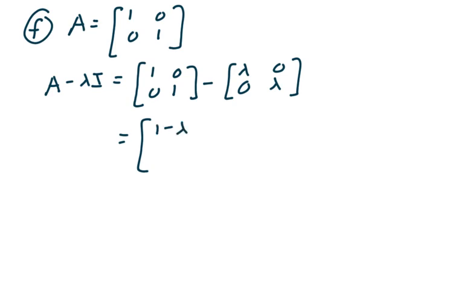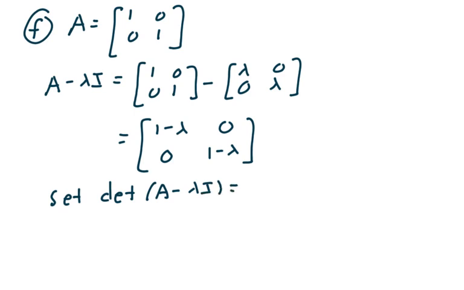We get [1 minus lambda, 0; 0, 1 minus lambda]. So I'm going to set the determinant of A minus lambda I equal to 0. And so that says 1 minus lambda squared is equal to 0. And so therefore lambda squared minus 2 lambda plus 1 is 0.